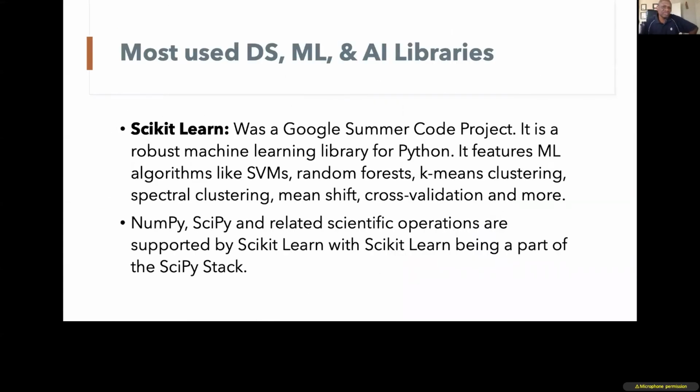Now we have one which is Google's baby, so we call it the Scikit-Learn library, which Google came up with during one of their Summer of Code projects. It's a very robust, very good machine learning library for Python. It features machine learning algorithms, which are listed here.